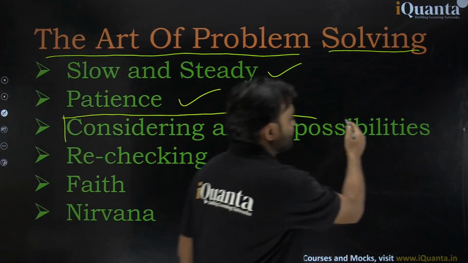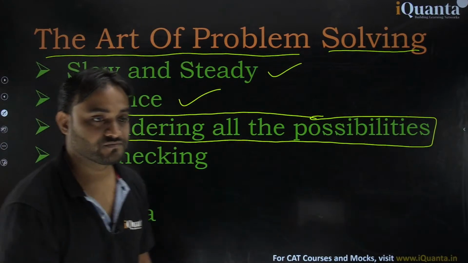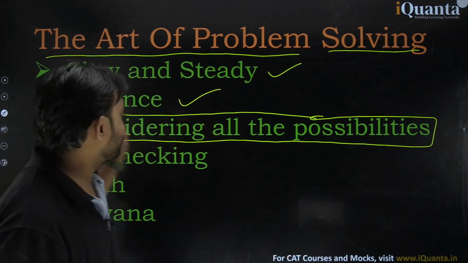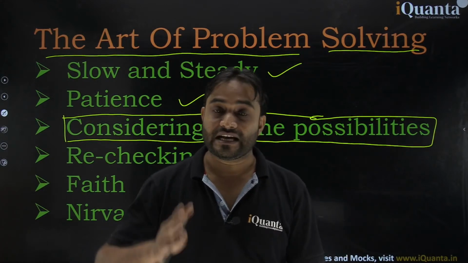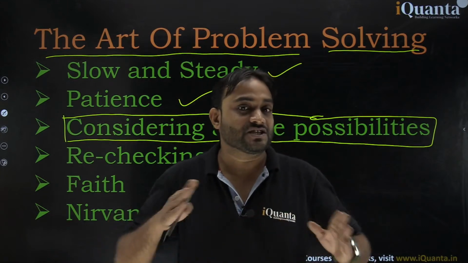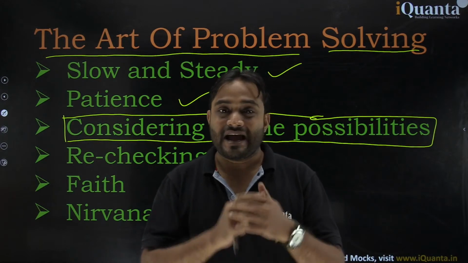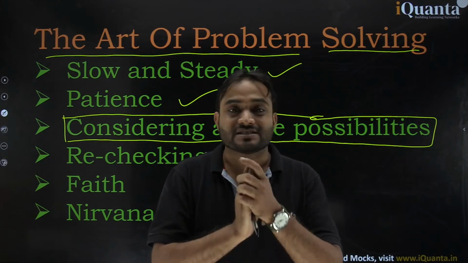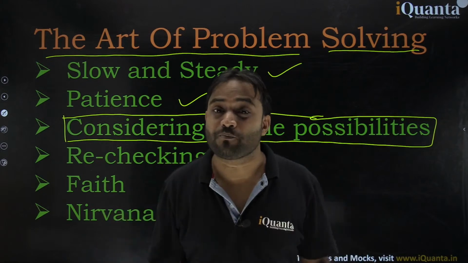Now what is next? Consider all the possibilities. This one is also very important. If there are cases to take, take those cases. If it says A, B, C, D are 4 persons and the sum of money with them is 10, try to consider all the possibilities.